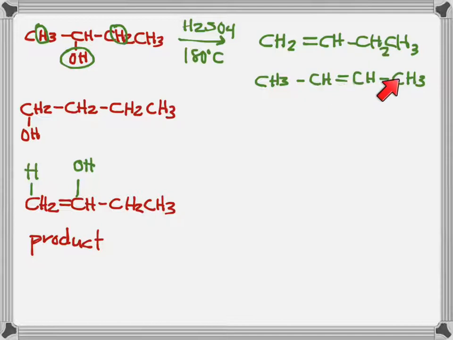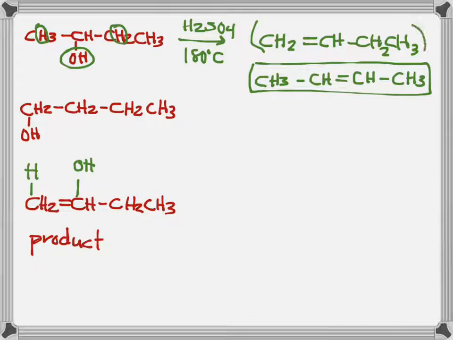This guy, we've got one here and one there. So this guy wins. So the preferred product of that reactant is this. And this one, there might be a little bit, but not so much. So that tells us that this is not our reactant, because that would give us the wrong product.